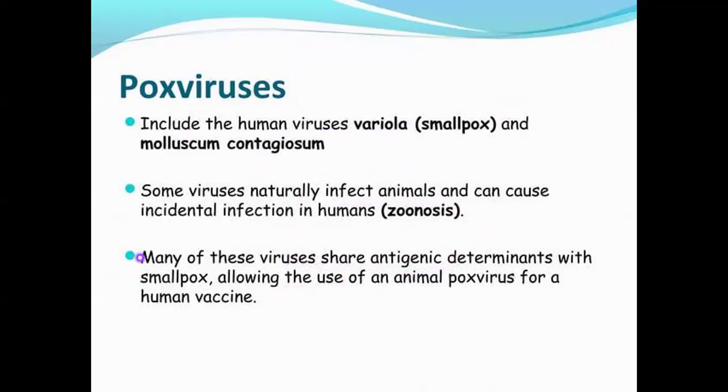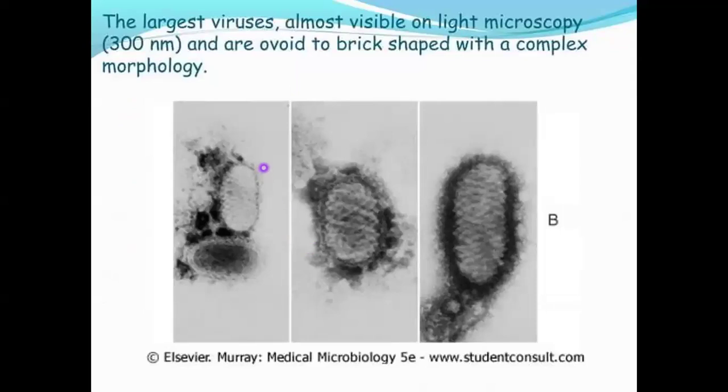This is very important. We're going to see the development of the smallpox vaccine and how it was derived from animals. It is the largest virus, almost visible on light microscopy, 300 nanometers, compared to the other one, which we said is 18 nanometers. They are ovoid to brick shaped, as you can see here, with a complex morphology.